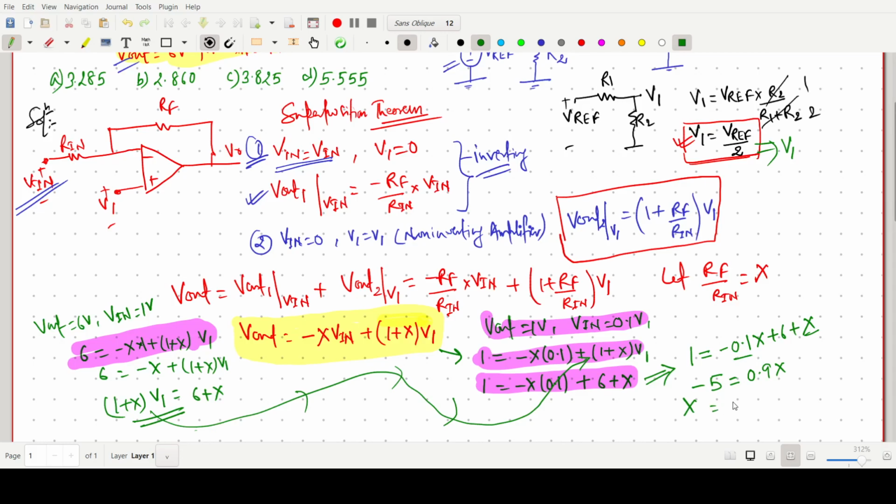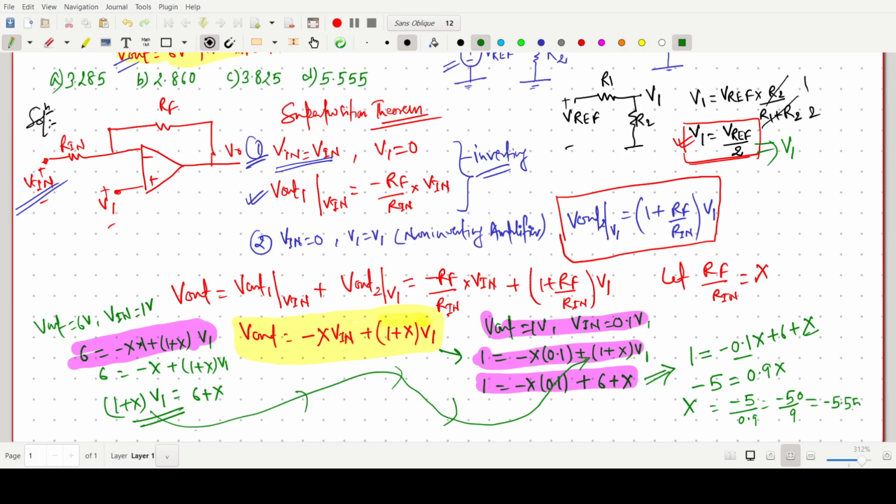So the X value will be minus 5 by 0.9, or minus 50 by 9. Using the calculator, it should be 5.55.